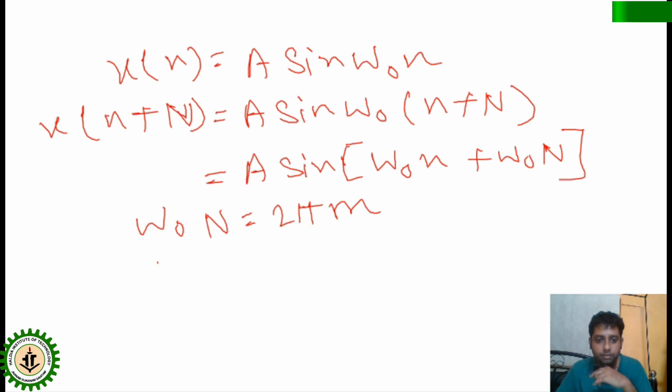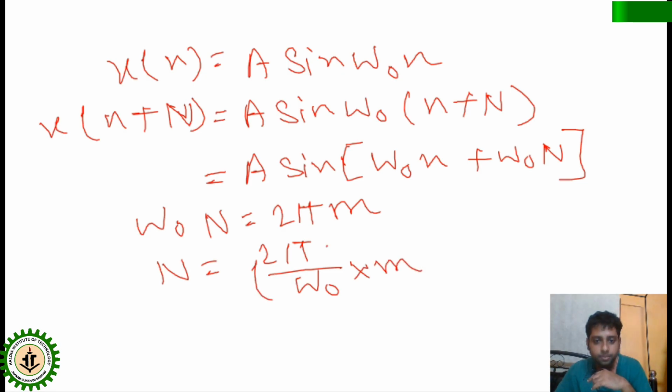And from there we can find the fundamental period, capital N is equal to 2 pi by omega naught into m. This is the formula for finding the fundamental period of a signal.